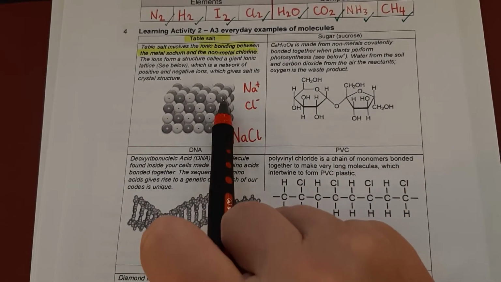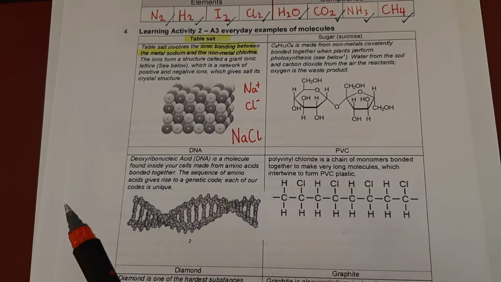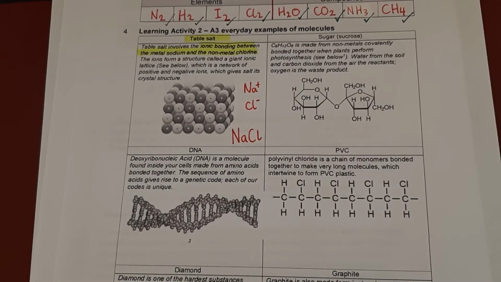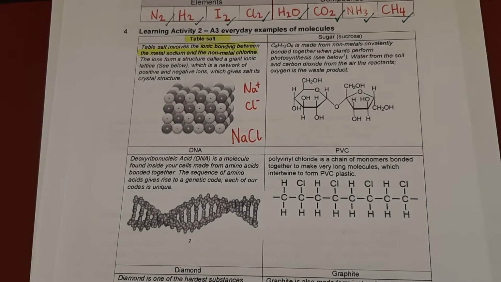And they have this interlocking arrangement where they form a tightly knit pattern of alternating charges, and that's because each charge is attracting ions of the opposite charge, and each charge repels ions of the same charge. So remember, like charges repel, opposite charges attract.